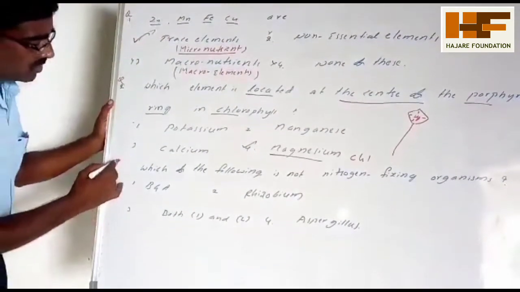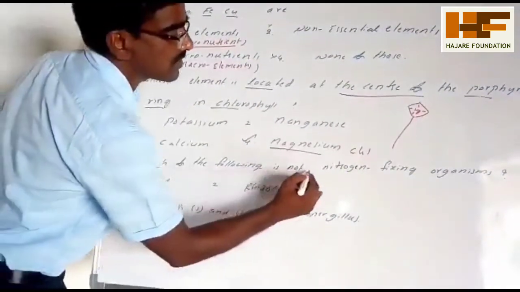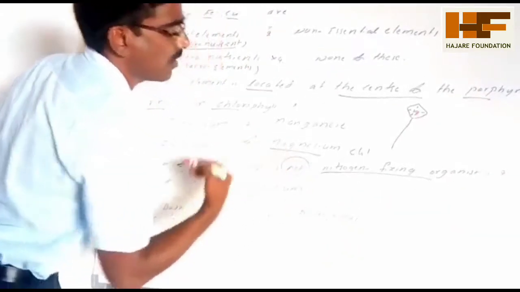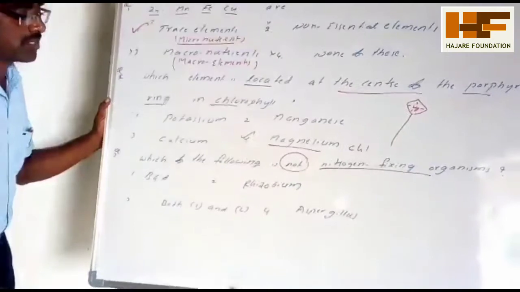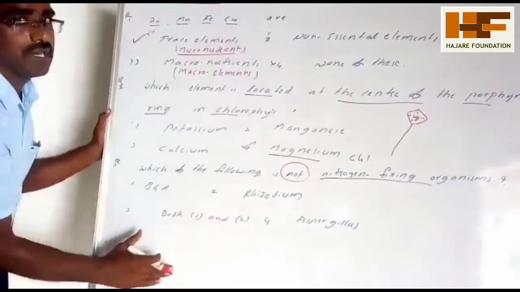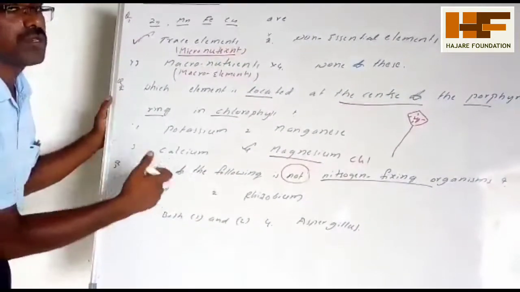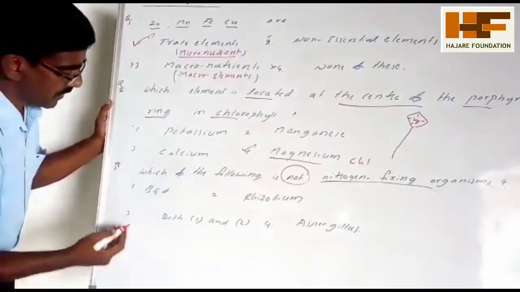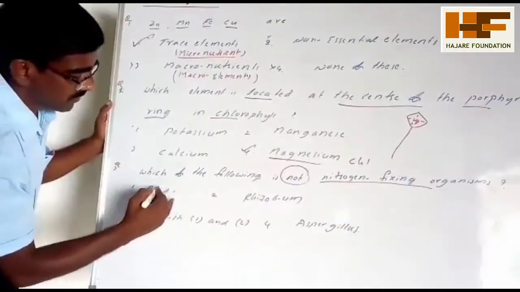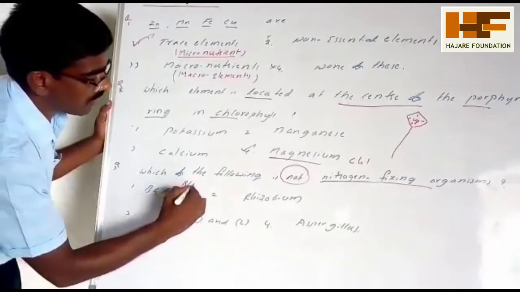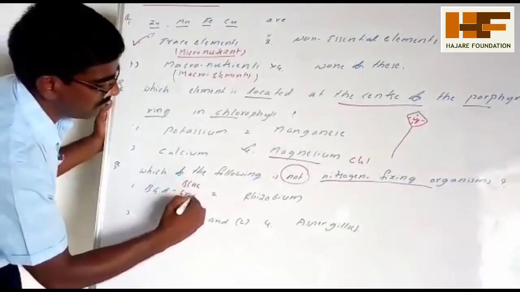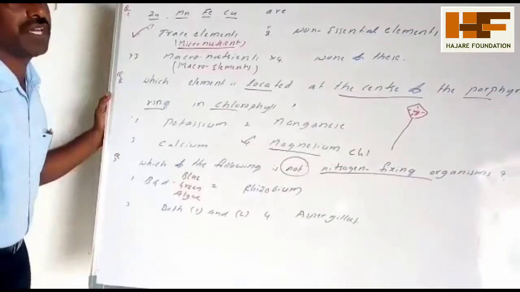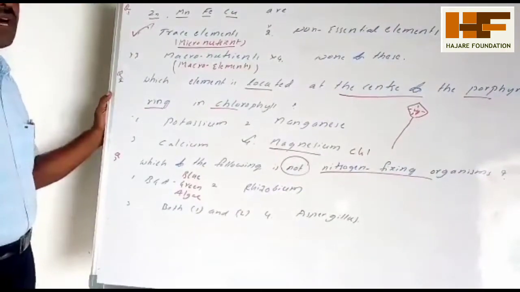The third question is, which of the following is not a nitrogen fixing organism? Not a nitrogen fixing organism means which one does not belong to nitrogen fixation. Different microorganism names are given here. One is BGA, blue green algae.